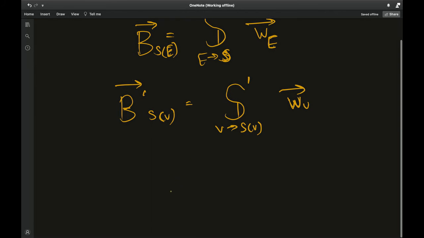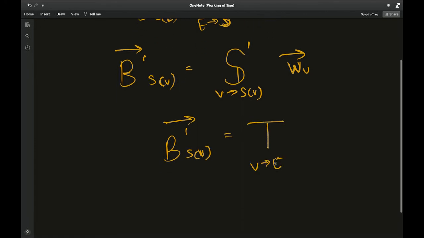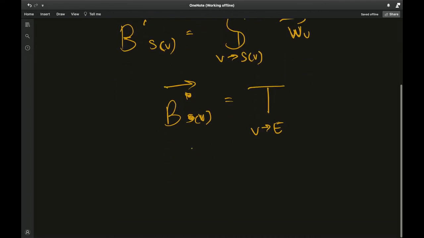Well, the B dash vector, which is in space S of V, is nothing but the transformation matrix from V to V. I meant to say, so let's do this again.